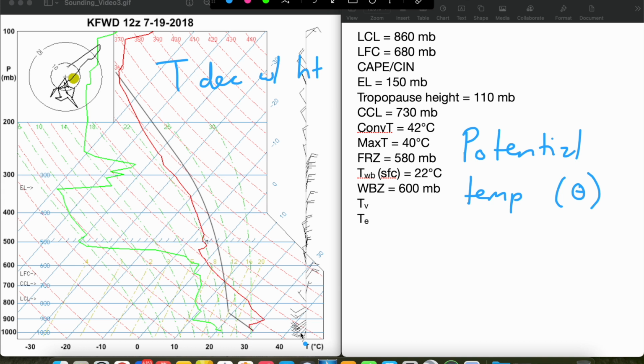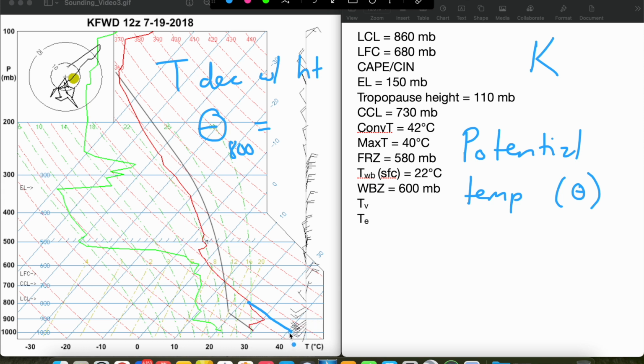So all you do to find the potential temperature, whose units are, again, in Kelvin, is take the temperature at a given pressure level and follow the dry adiabat all the way back down to 1,000 millibars. So, for example, let's find the potential temperature at 800 millibars here. All we do is find the temperature at 800 millibars, follow the dry adiabat all the way back down to 1,000 millibars, and the temperature at that point is going to be your potential temperature.